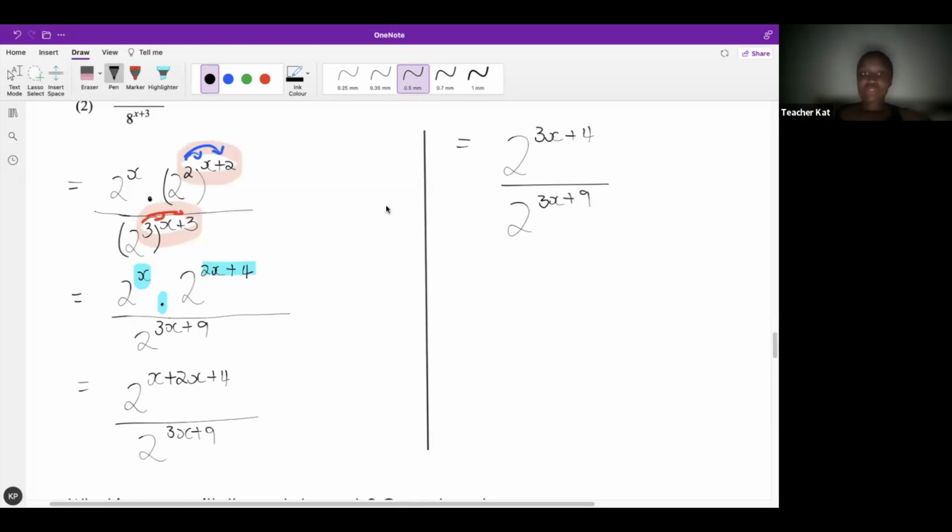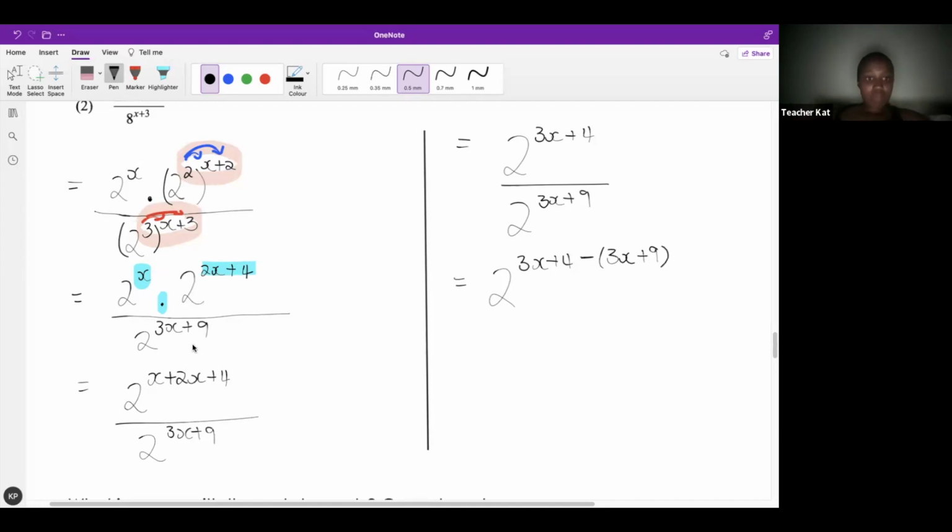Now we're only left with division, which is very important because I want to see what you guys are going to say I must do here. Okay, we are dividing. Same base. So what do we do with my exponents? We subtract. So 2 to the power of 3x plus 4 minus, so I'm going to put brackets. Why am I putting brackets there?